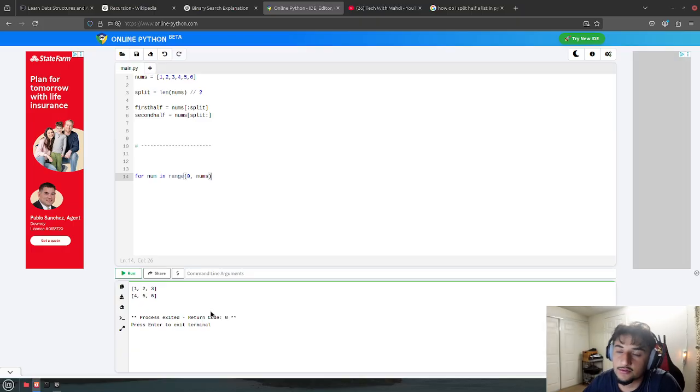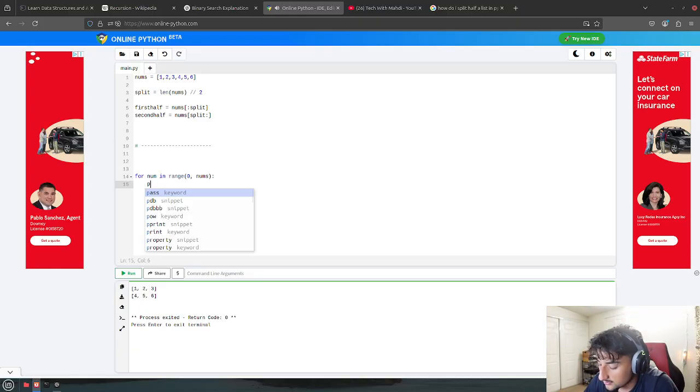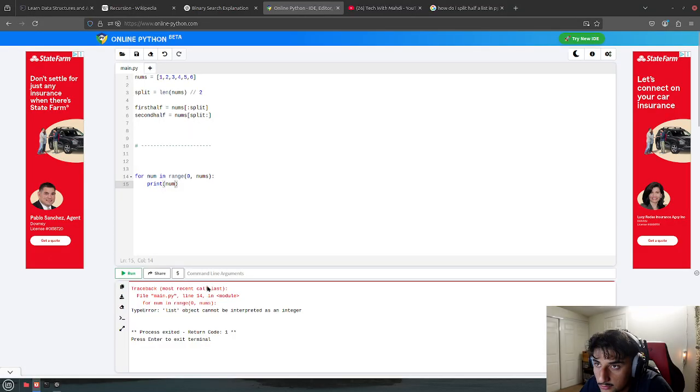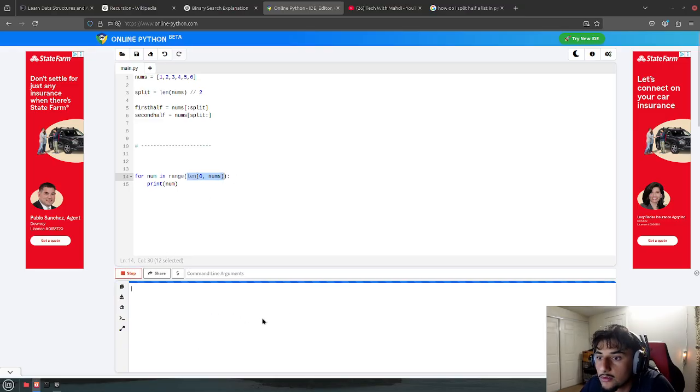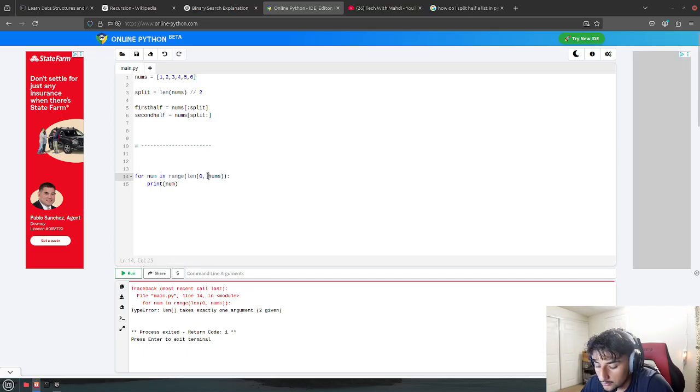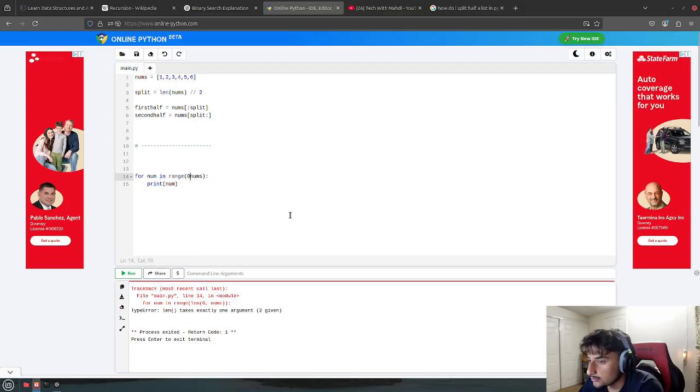If I do 0 to nums, this is just going to print to 5, because nums is not, watch this, 1 to 5, wait, what? Oh, do I just need to do this? What am I doing 0 for?